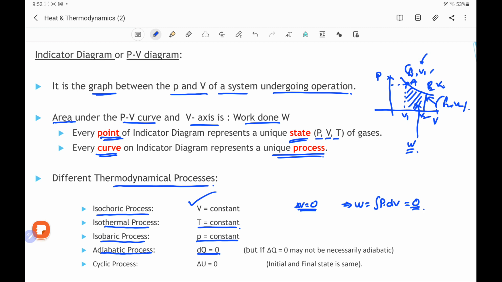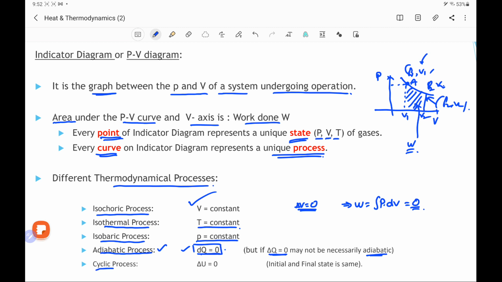Here we should remember that if delta Q equal to 0, then we can't necessarily say that the process is adiabatic. For an adiabatic process, for each and every step, there will be no exchange of heat. So we take an elementary dQ equal to 0, and if this dQ equal to 0 holds for the whole process, then the process is adiabatic.